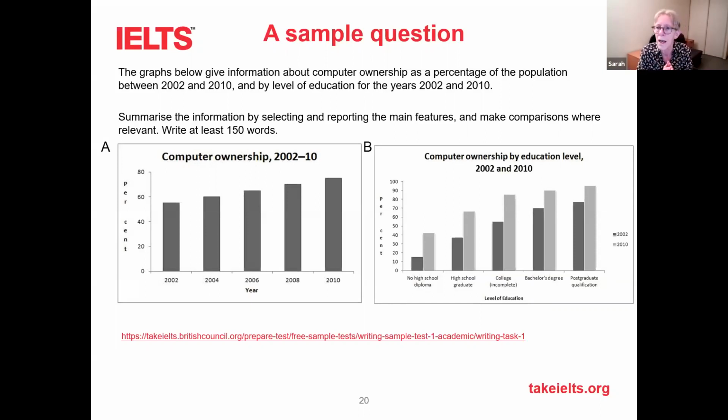So what are they? Can you put your ideas in the chat box, please? The rise in all education levels, higher education level, higher usage or ownership of computers. Increase directly proportional to education. Yes, absolutely. Nobody's having any problems with that.